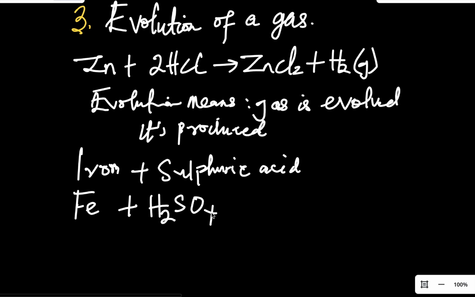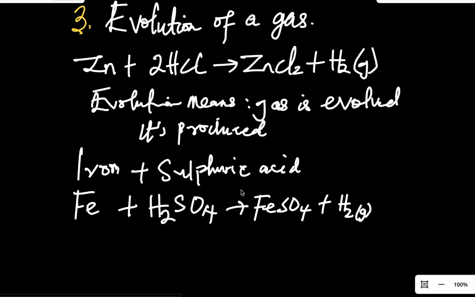Please, this is sulfuric acid. At least you learn more with this pattern. This will produce FeSO4 plus hydrogen gas. You can see I'm indicating gas at this point. So this is the hydrogen gas that will be evolved whenever iron reacts with sulfuric acid.